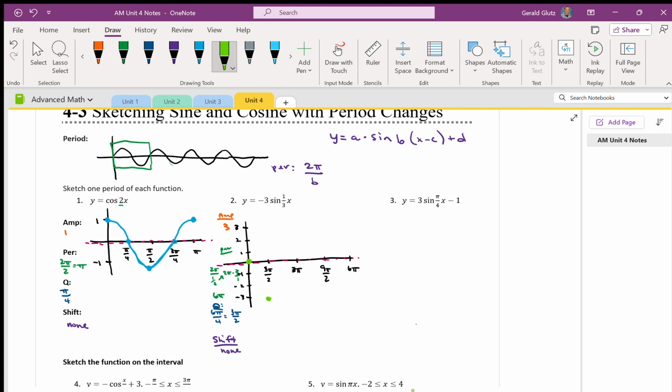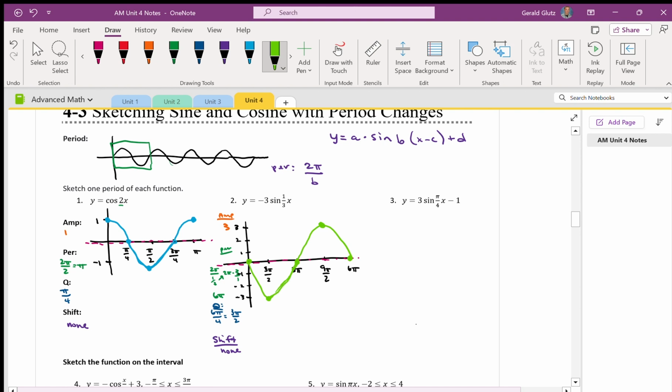Then I go back up, and up again, and then back down. So here's my little curve. That was not good. So something like that. That's not a perfect graph, but good enough.